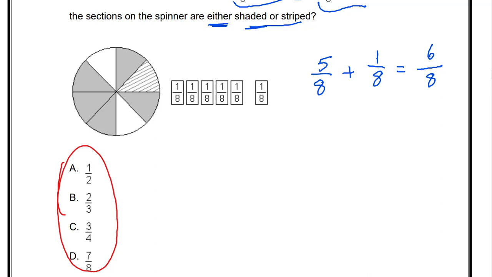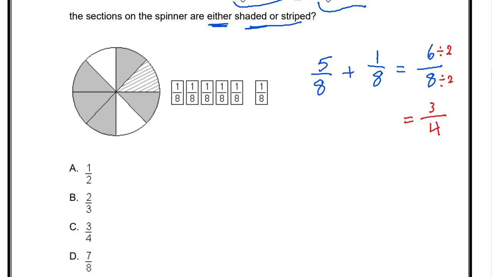Oh, you mean divide, not multiply. Yes, divide, and then 3 to 4. So the answer is 3/4. If we divide by 2, we will get 3/4 in the simplest form. Karar, you are a star.